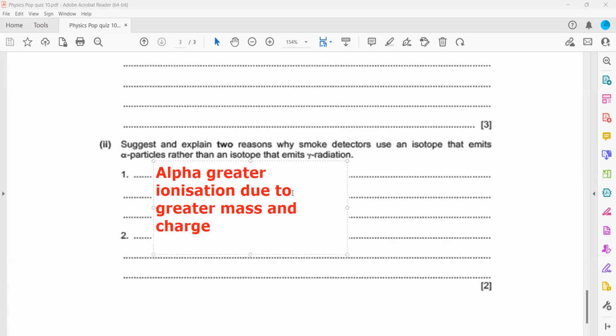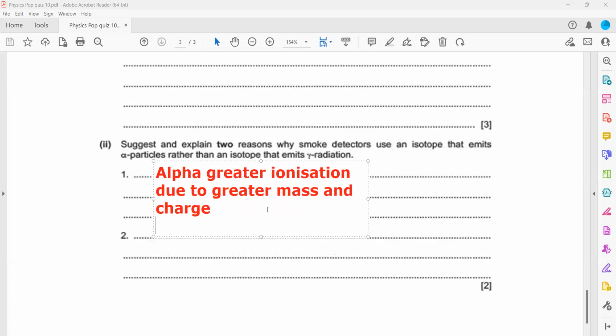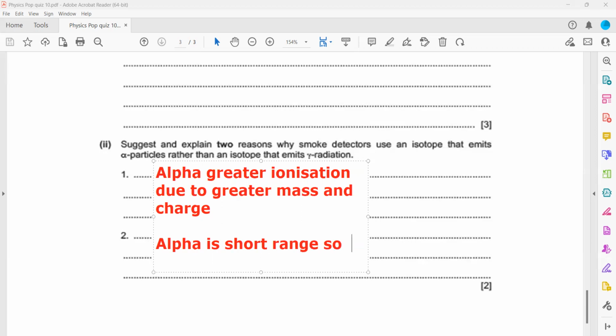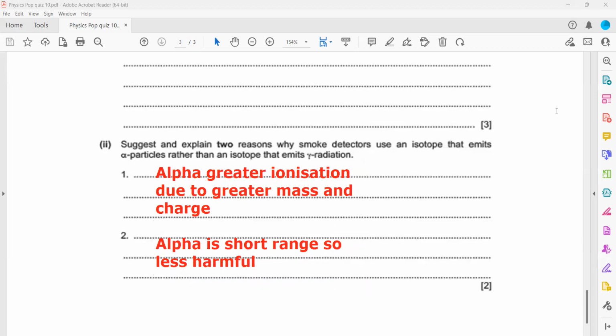And the second is short range, so it is less harmful. So these are the 2 reasons why we are using alpha in the smoke detector rather than gamma.